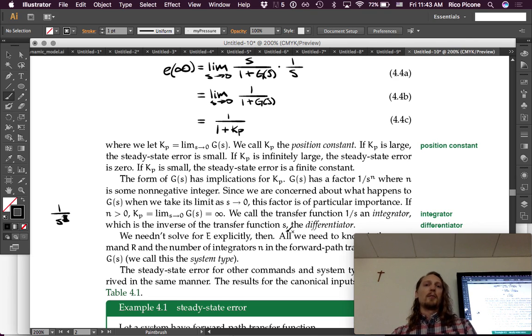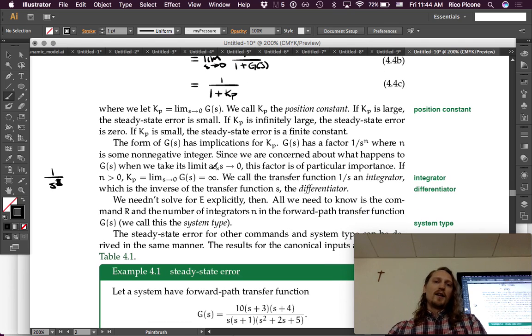So putting integrators in there gives you more ability to overcome steady state error, right? So your steady state error gets smaller if you have an integrator or more integrators in there. We'll talk about how many integrators are necessary for a given system too.